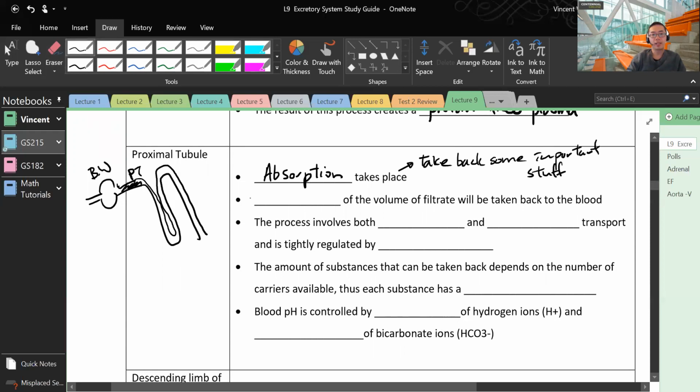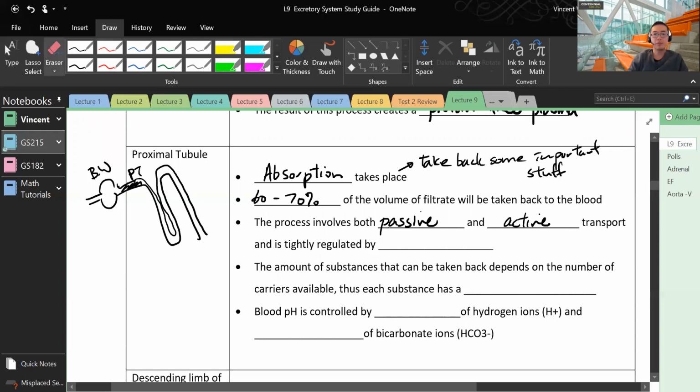So at the proximal tubule, 60 to 70% of what you just filtered out in the previous step will be taken back to the blood. Okay? And this is a process that involves both passive and active transport. Okay, some of it will just happen down its concentration gradient. Others you need to have a pump or something.